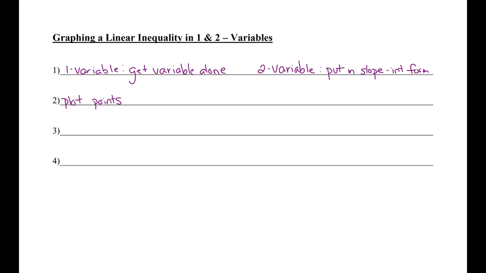Step 3 is going to be to connect with a solid line for greater than or equal to and less than or equal to, and you're going to use a dashed or a dotted line for greater than and less than.